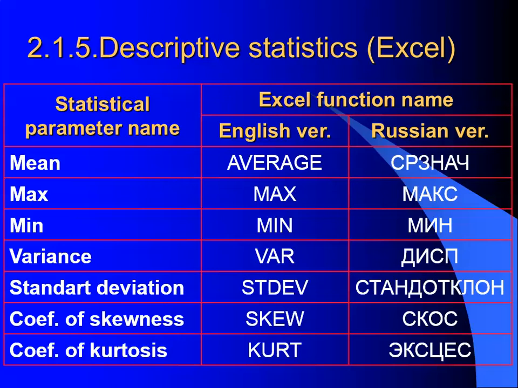So if you can't find a function, no problem. Take a statistical textbook, check the formula, and do the calculation on your own in Excel. Definitely, you can calculate everything there, just maybe not everything is done automatically.